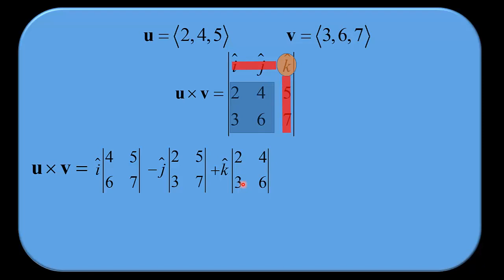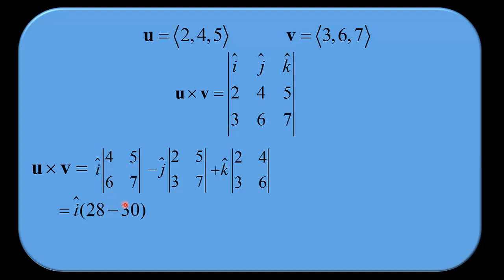Let's evaluate each one of these term by term. Okay, the first one. I've got i times the determinant of this 2 by 2. When we're finding the determinant, we take the main diagonal here. See the product of the elements on this main diagonal: 4 times 7, 28, minus, it's always a minus, 6 times 5.